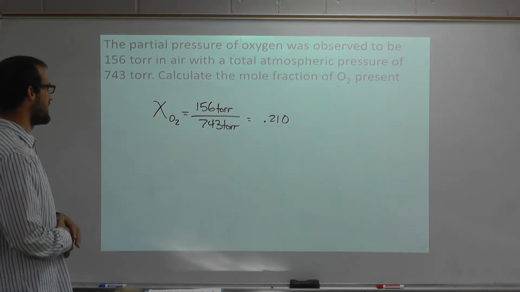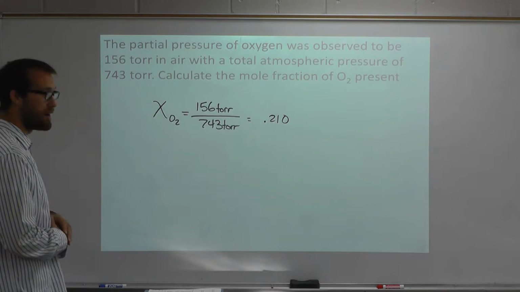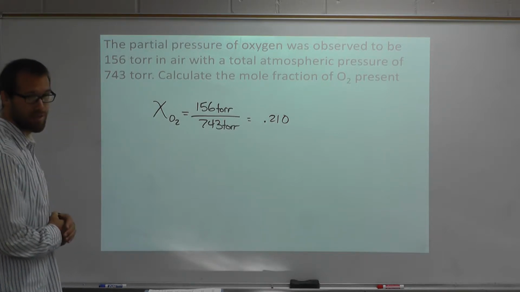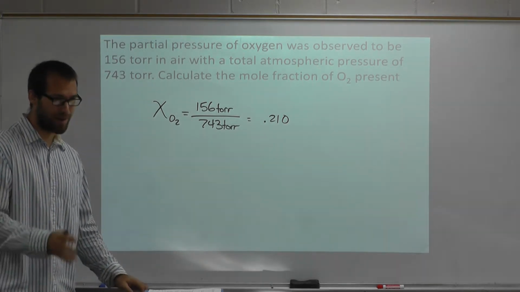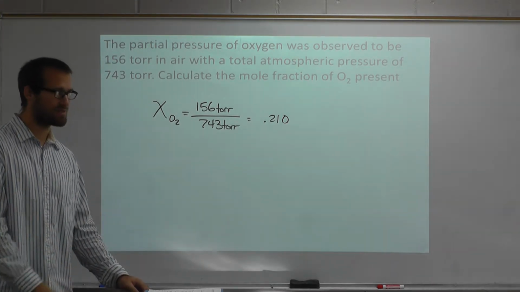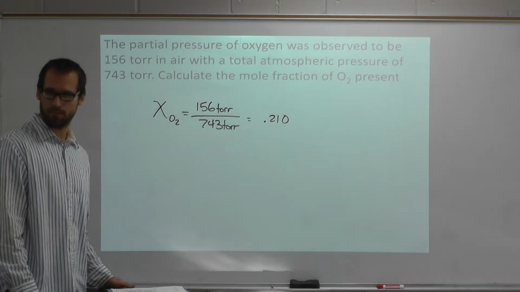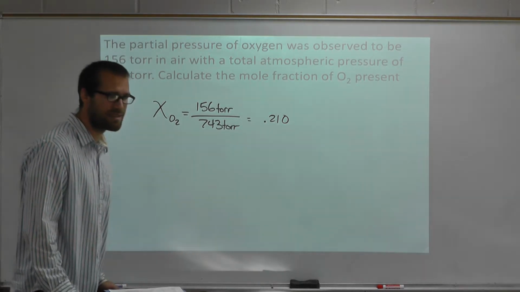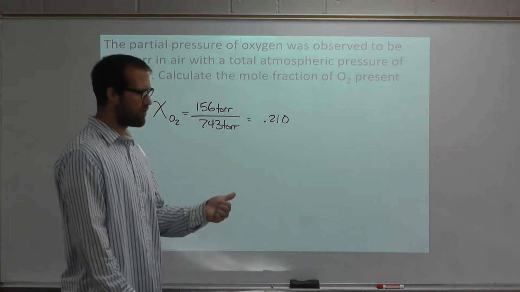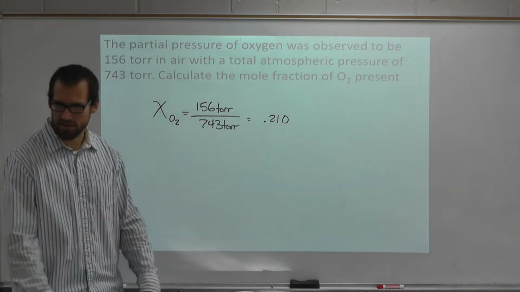So 21%, and that makes sense if you think about how much oxygen percentage the atmosphere really has. You guys remember? It's I think a little closer to 21%. Nitrogen's like 78. So it's like 21 oxygen, 78 nitrogen, like 1%, a whole bunch of other gases.